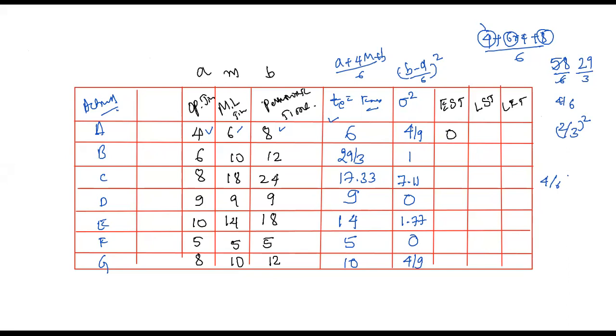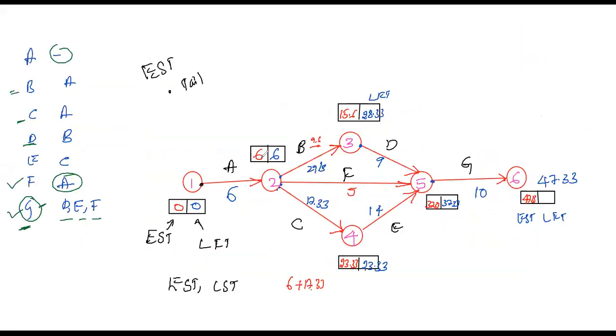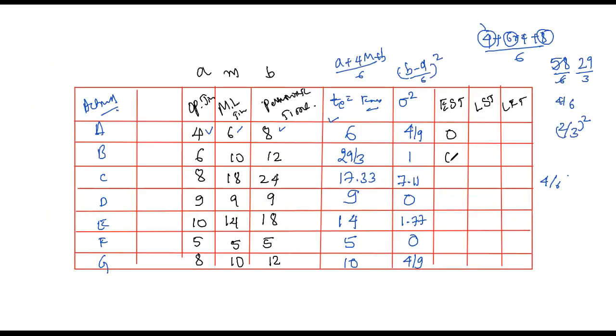And activity B at the 6 is there. Similarly, B ಮತ್ತು C ಏನಾಗುತ್ತೆ 6 ಆಗುತ್ತೆ, because the tail of B and the tail of C will be at node 2 and the EST is 6. So for activities B and C it is 6.